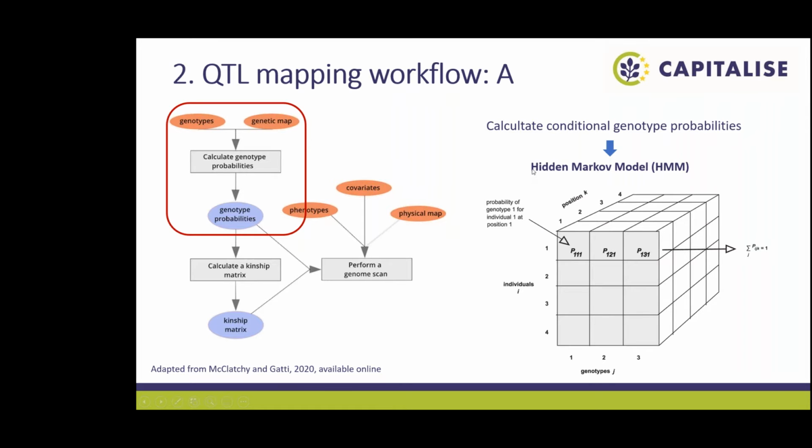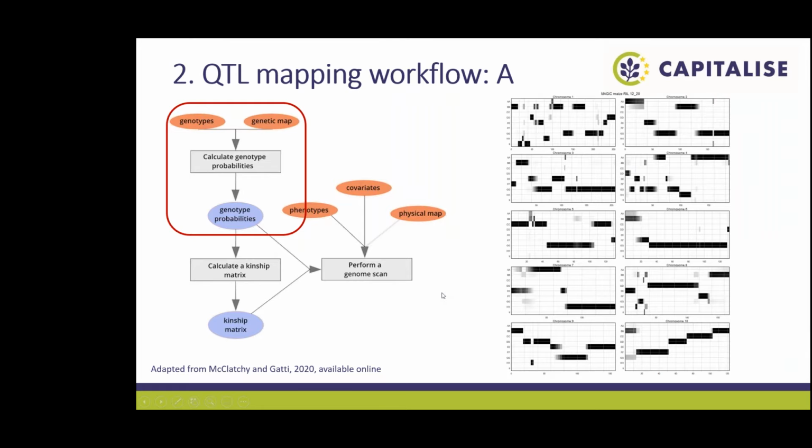The idea behind this hidden Markov model is that at each position on the genome, for each individual RIL, we assign the probability that that marker comes from founder A, B, C, or D, and so on. We repeat this process for every position, for every RIL, for every chromosome. So this is the outcome of this process.